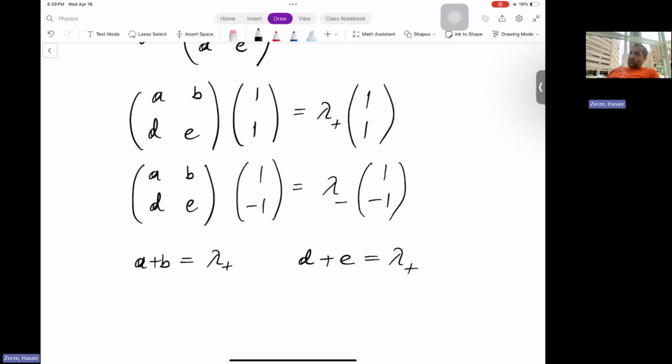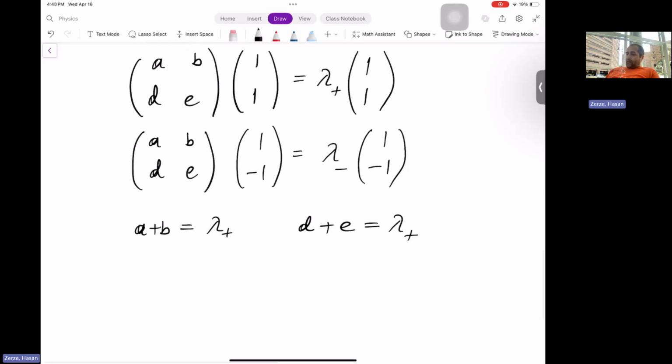I'm just doing matrix multiplication and equating the vectors element-wise. And the second matrix equation gives me A minus B equals lambda minus, and D minus E equals negative lambda minus.